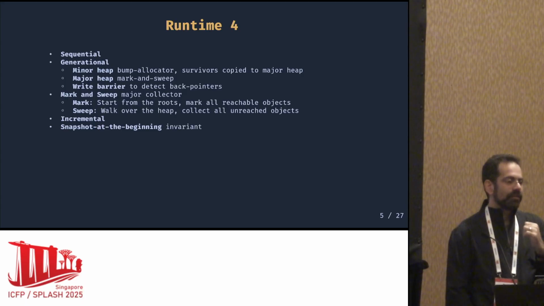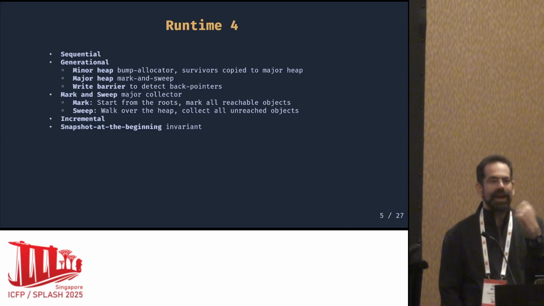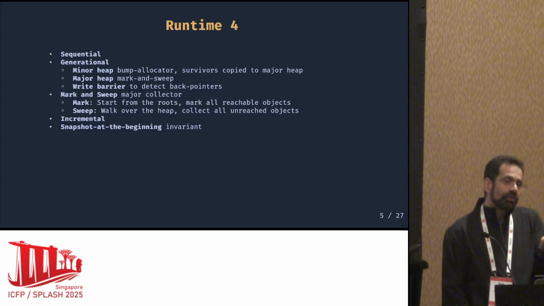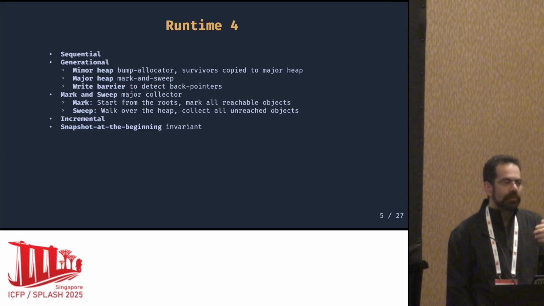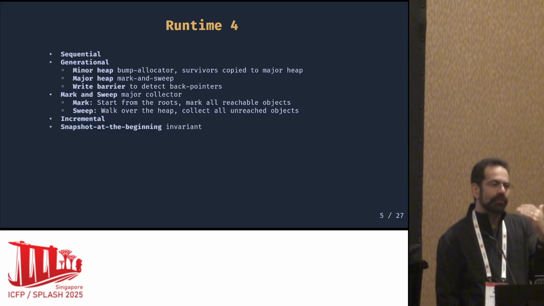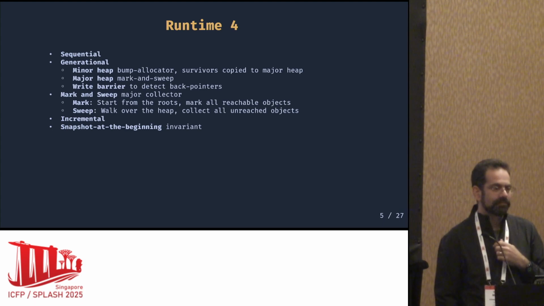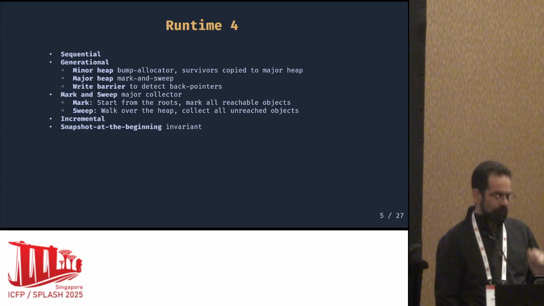You're not obligated to collect things that are allocated along the way. It's not the only way to build a garbage collector, but it's a useful invariant because it gives you a bound on how long it will take for the collector to finish and actually collect things. Of course, you only actually do the freeing when you get to the end of the cycle. All right, so that's runtime 4.